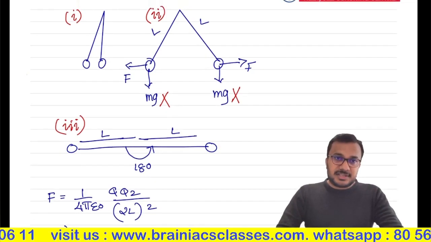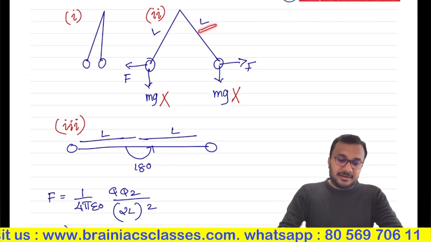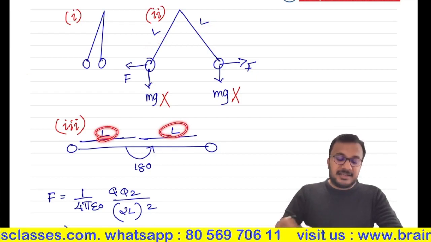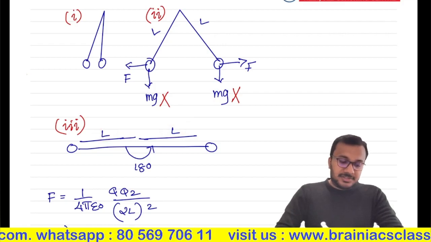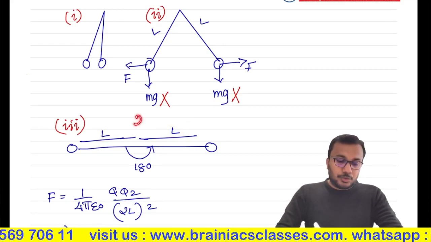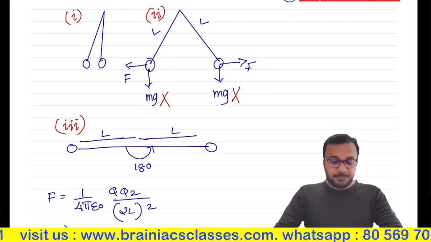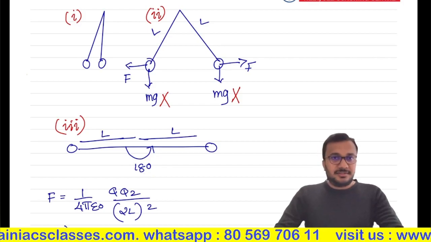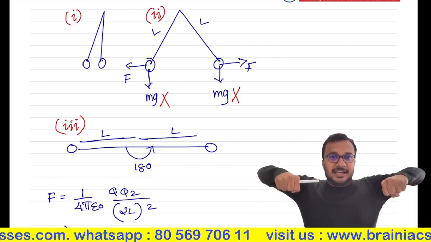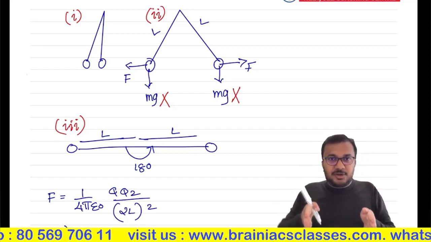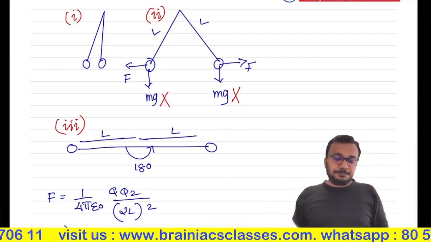In the question it is given that the thread length is L. Now the distance between the two charges is L plus L, which is 2L. So the total distance is 2L. Now we know the angle is equal to 180 degrees, because both are stretching like this and there is no mg in the downward direction.